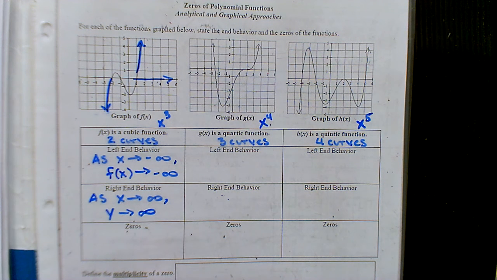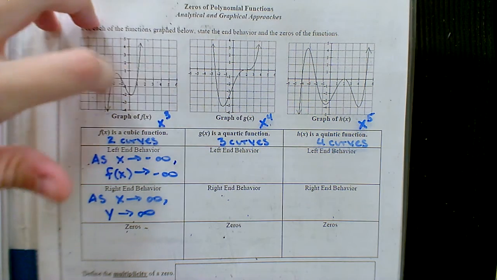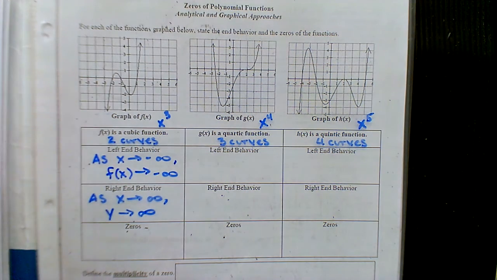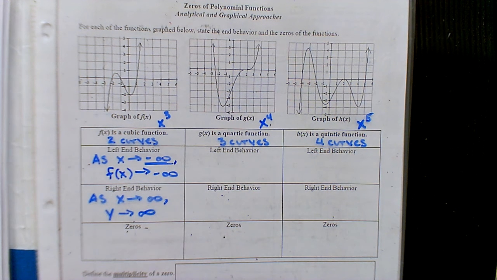Does that make sense? What's going on the left, what's going on the right? We're just determining if it goes up or down, basically. Because we're eventually going to draw a connection between end behavior and what type of graph we have. Yeah? So for left end behavior, you have to say as the graph approaches negative infinity, and then y for the right end behavior?